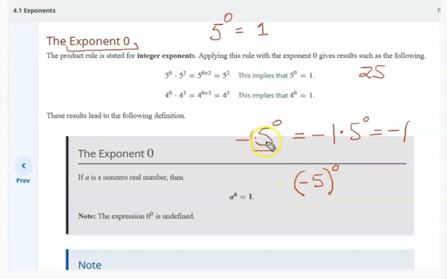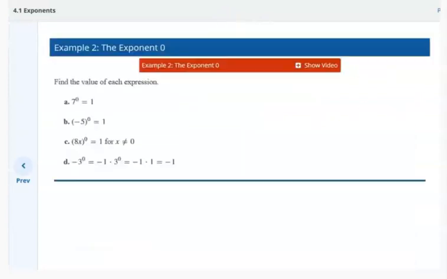Here, the base was only the 5, not the negative, because it wasn't included. Here, because of the parentheses, it's included. This is a 1. So a little subtle again, I'm sure they're going to show us here, but repetition is good. And here it is for example 2.